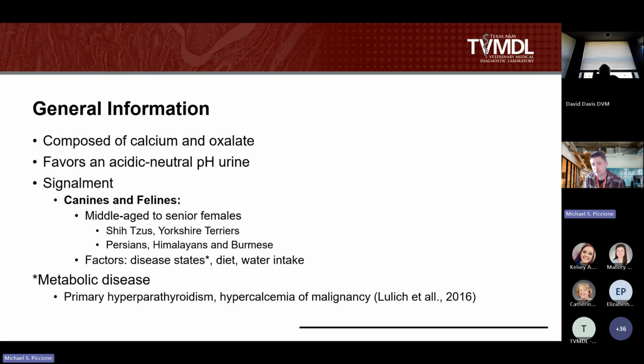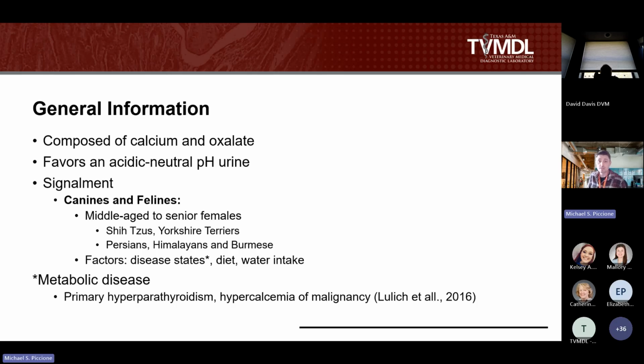A brief endocrine lesson, very quickly, is that hyperparathyroidism causes excess parathyroid hormone. And the reason why that's important is because in turn, this leads to this increase in bone resorption, which causes an increase in blood calcium levels. In addition to that, though, it also causes increased calcium absorption in the intestines via calcitriol, and finally, increased calcium reabsorption from the renal tubules back into the blood.